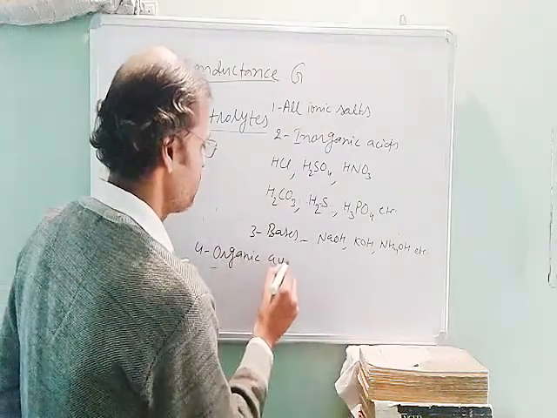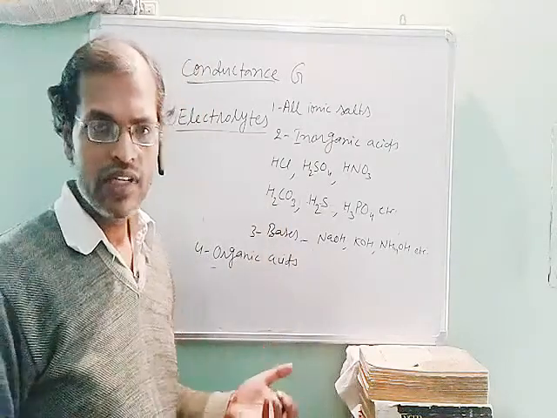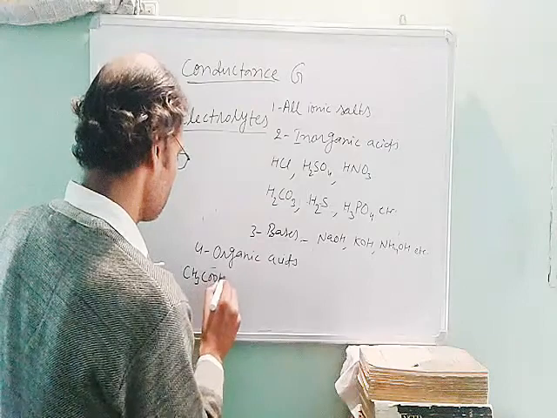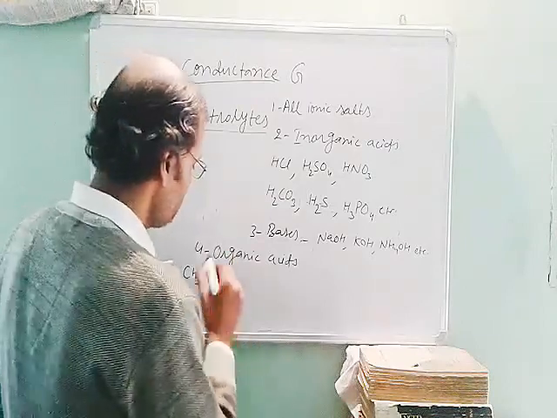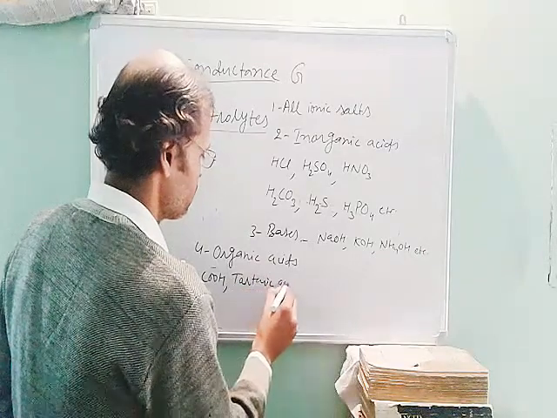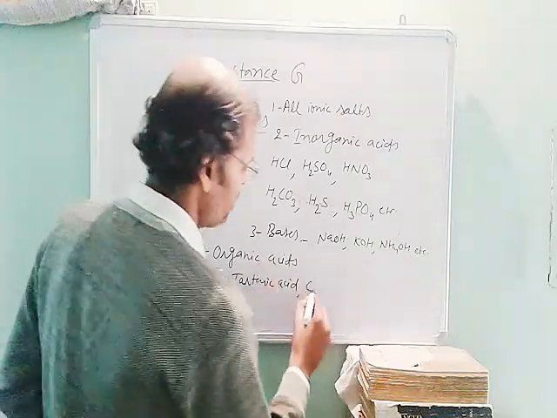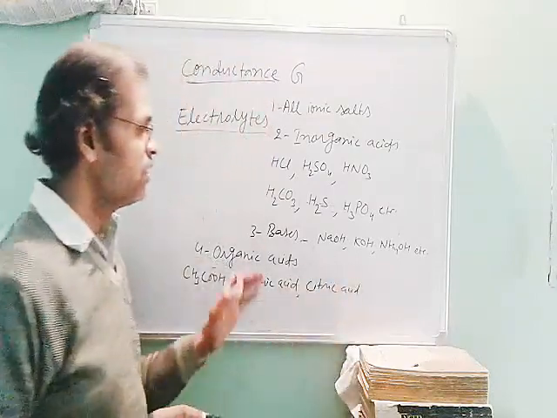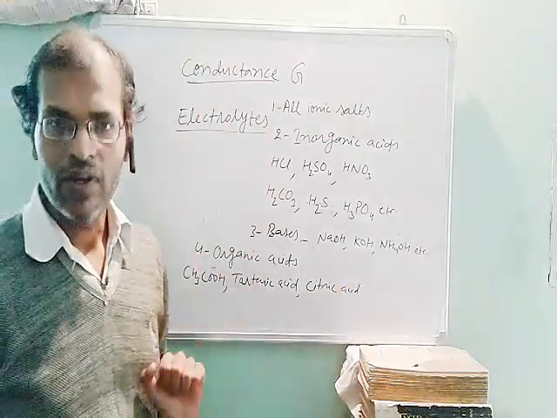Organic acids, all carboxylic acids like acetic acid, then tartaric acid, citric acid. All these are examples of electrolytes.